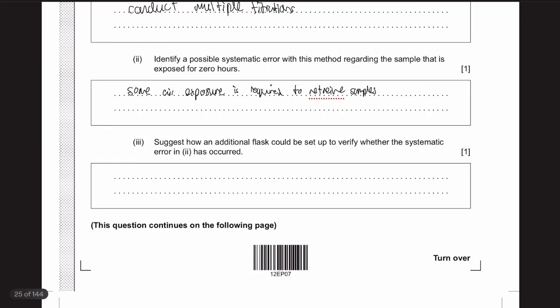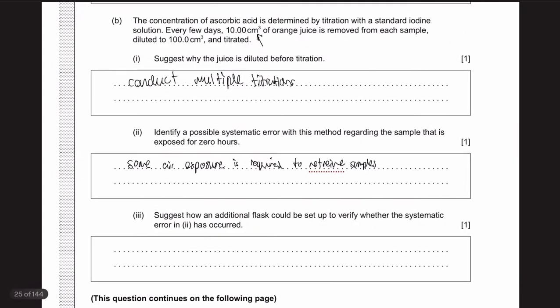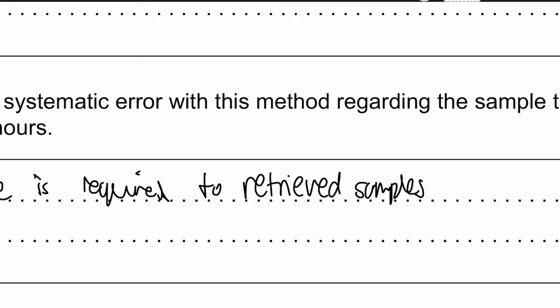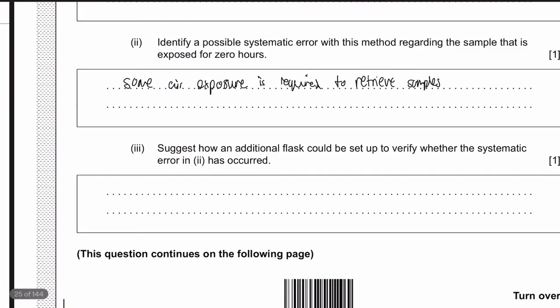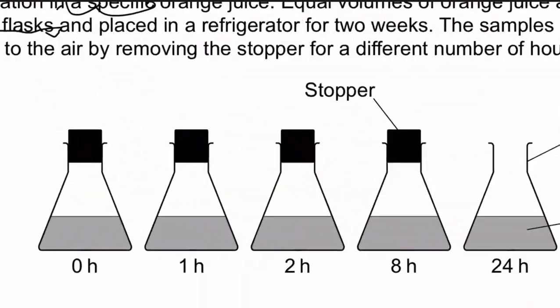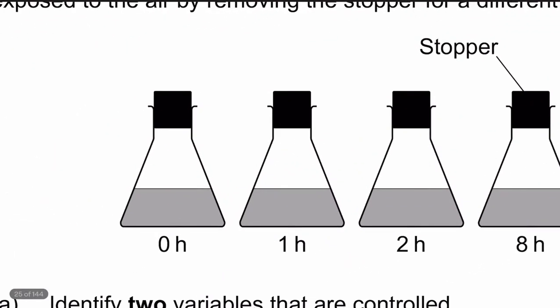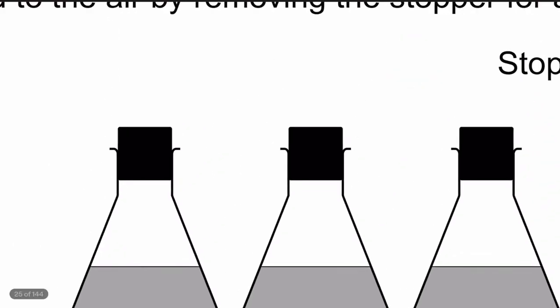Suggest how an additional flask could be set up to verify whether the systematic error in part II has occurred. Okay, so we're looking for a way to verify that this air exposure hasn't impacted it. Well, how could we do it? How could we retrieve the sample without... Okay, so they're using a stopper here.